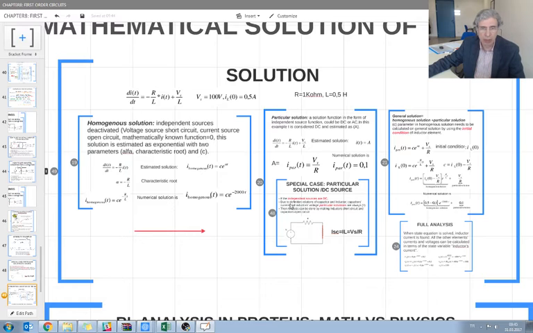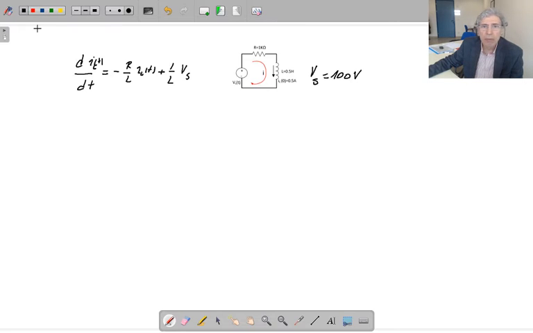So there is a special condition to be able to use it. Come back to our circuit now. Our aim is to find the particular solution.